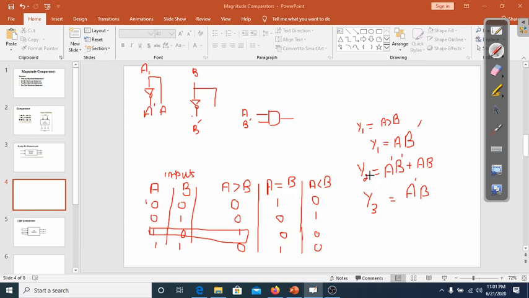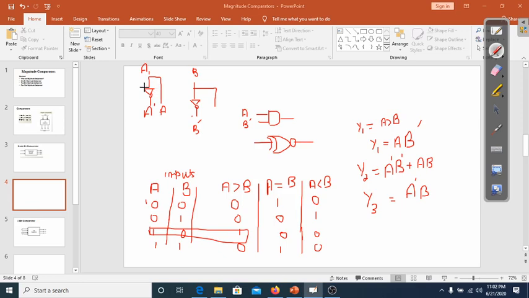When you want to use y2, which is the case when A is equal to B, I will incorporate a NOT gate with exclusive OR. So exclusive NOT gate, this can be described with the XNOR gate.